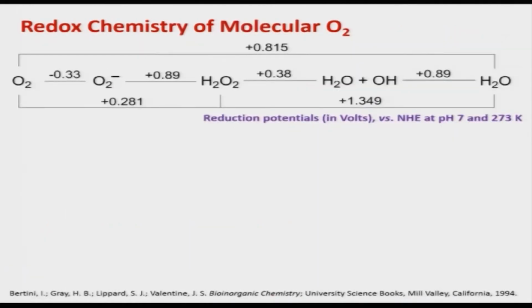Once you look at the redox chemistry of molecular oxygen, if the 4 protons and 4 electrons are not added all at a time, then you get stepwise reduction, which eventually leads to O2 minus, O2 2 minus and OH radical, which of course converts to water eventually. We have discussed all these in detail in my last lecture.